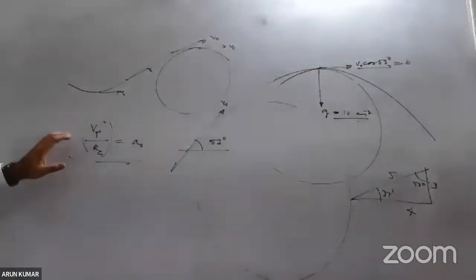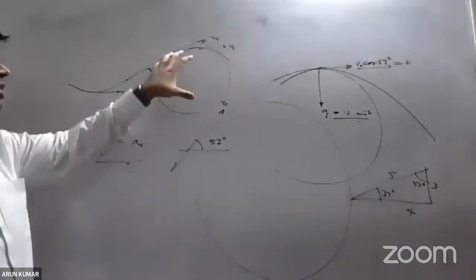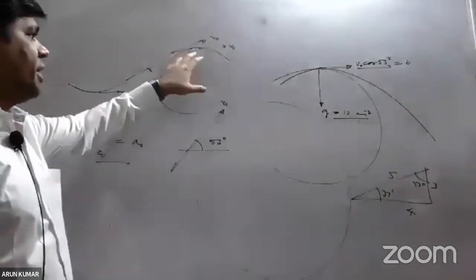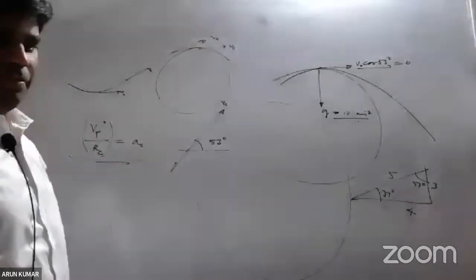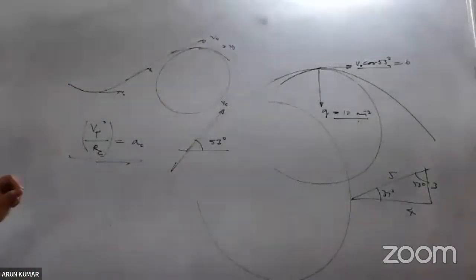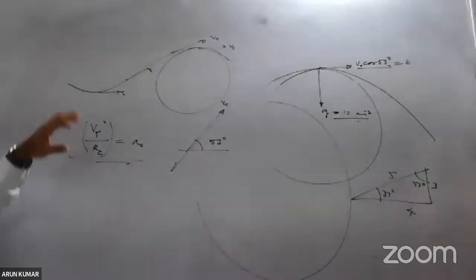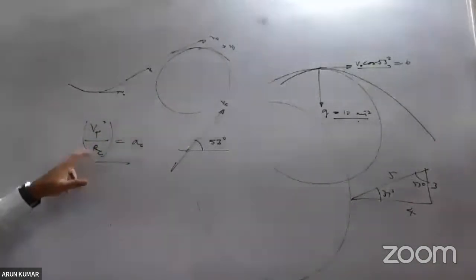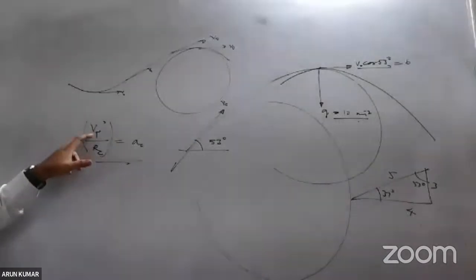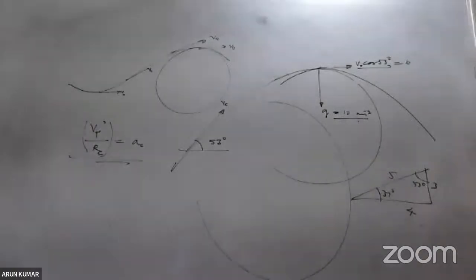But for a general path, this radius of curvature is nothing but the radius of the oscillating circle, such that the particle seems to go on that circle at that instant of time. That's called the oscillating circle. For any curve, any random curve, centripetal acceleration and radius of curvature are related by this relation, where Vt is tangential velocity, R is radius of curvature, and AC is centripetal acceleration.